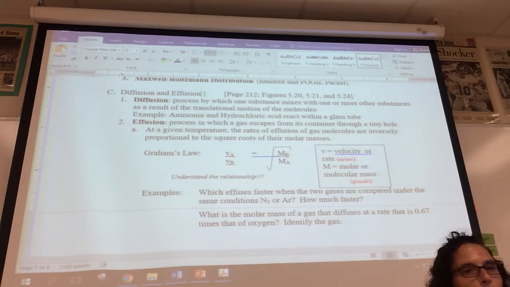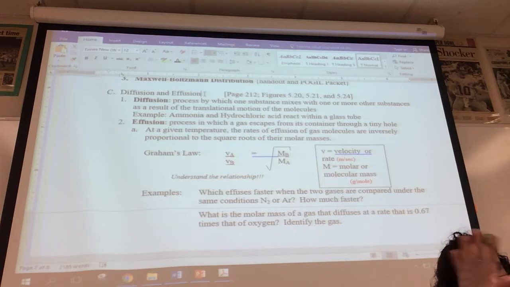All right. Diffusion and effusion. Diffusion. Let's say you want to do perfume. Let's say that Faith just douses herself with perfume over there. Who's going to smell it first? Shane and Josh, they're sitting right around her.